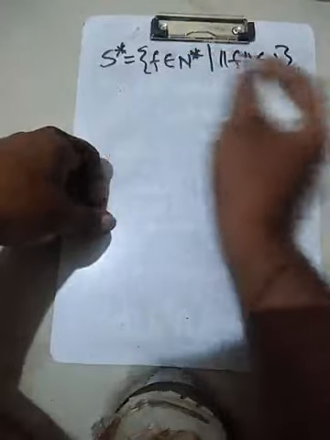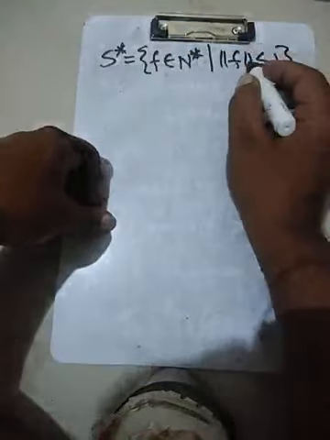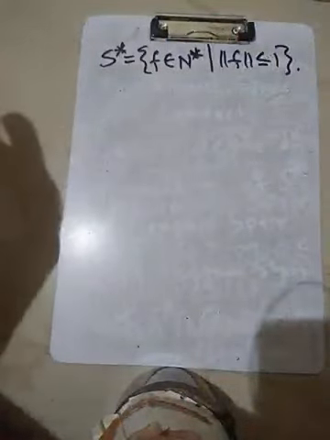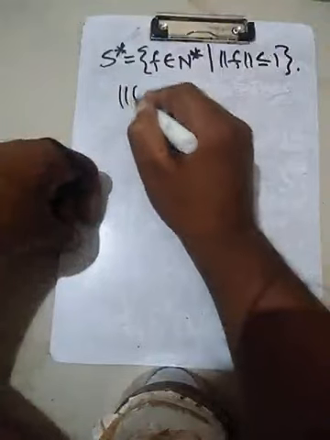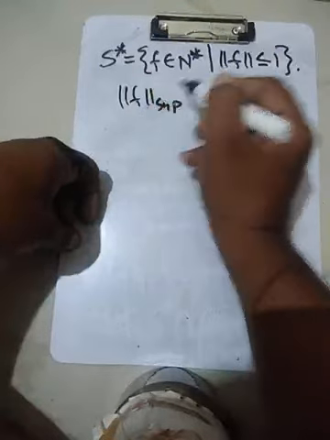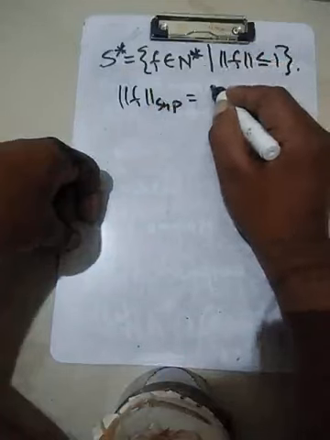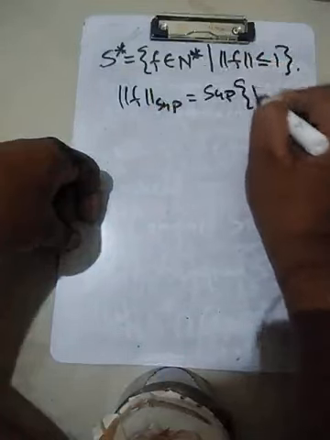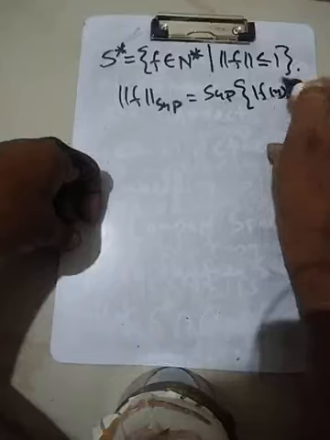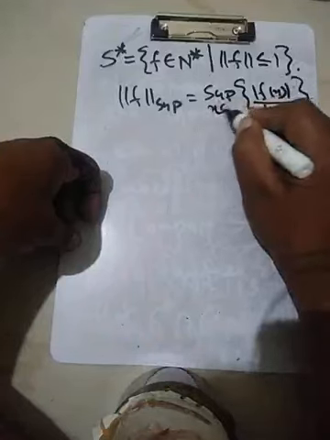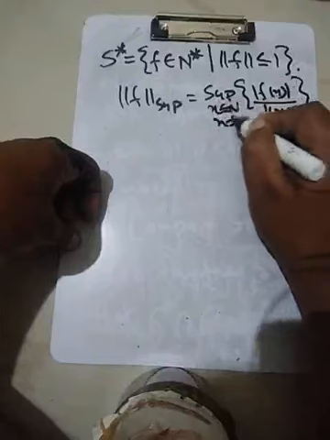So S star has vectors with the supremum norm. So this norm of f is a supremum norm, which, as you have seen, is the supremum of mod of f of x upon norm of x, where x belongs to N and x is non-zero.